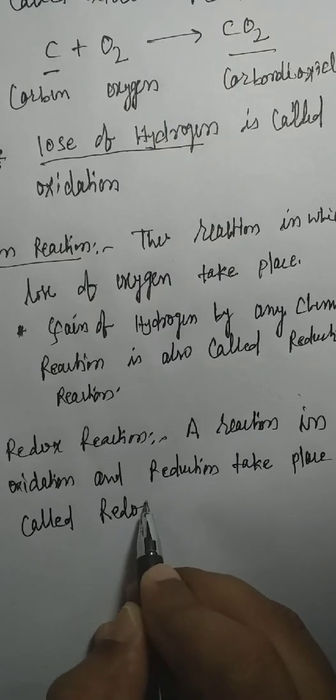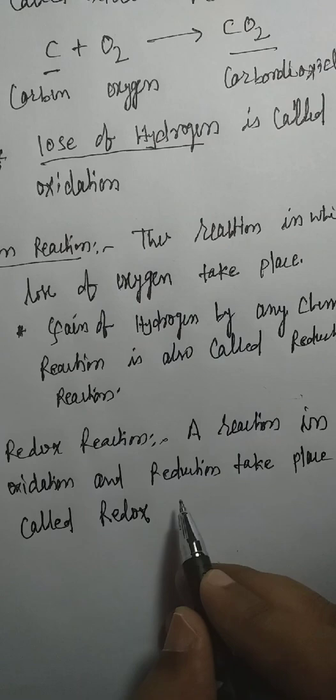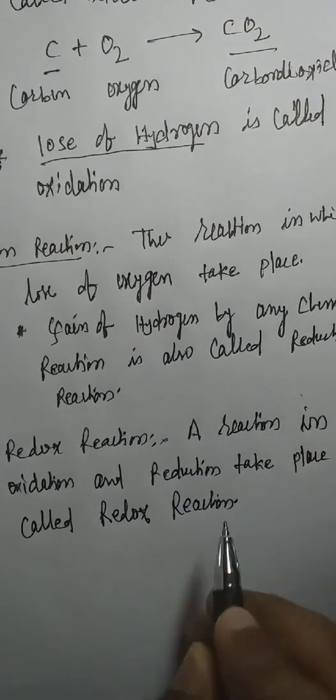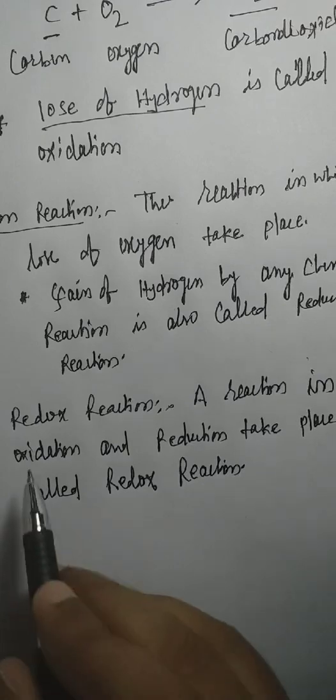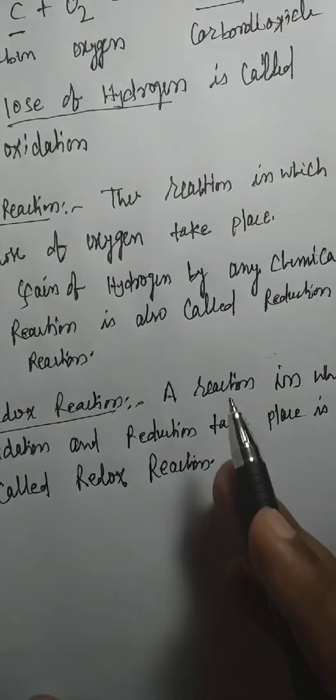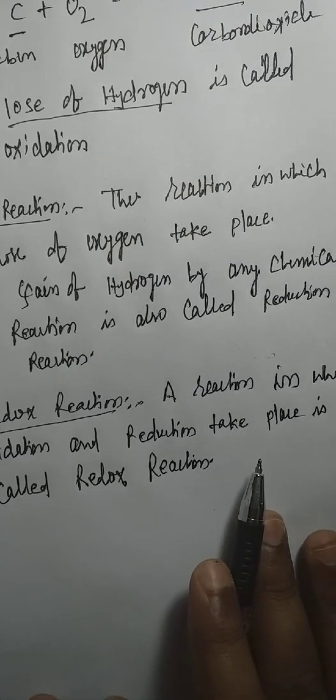But you just memorize the very normal, casual name. This is the redox reaction. Memorize this factor also, this is important. A redox reaction means a reaction in which oxidation as well as reduction simultaneously take place, that is called a redox reaction.